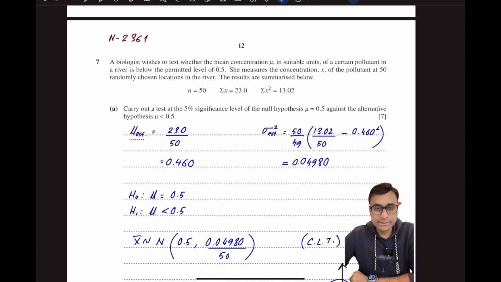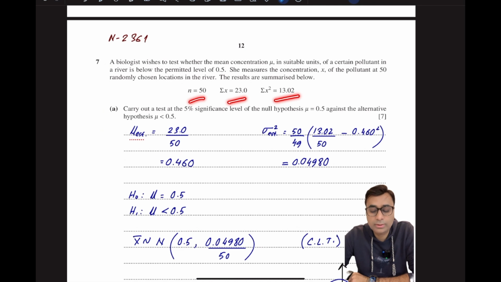Now, in the questions that we have done up till now, we were provided with the population variances. Something different about this question is that I have sample data, but I don't have the population variance and population mean. So with a sample of 50, the sigma x comes out to be 23.0 and the sigma x squared comes out to be 13.02, which means I have to use the unbiased estimate of population mean and population variance.